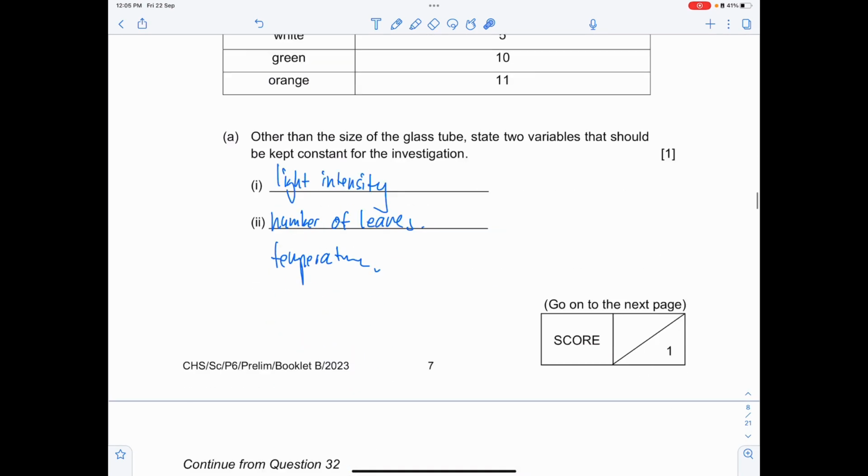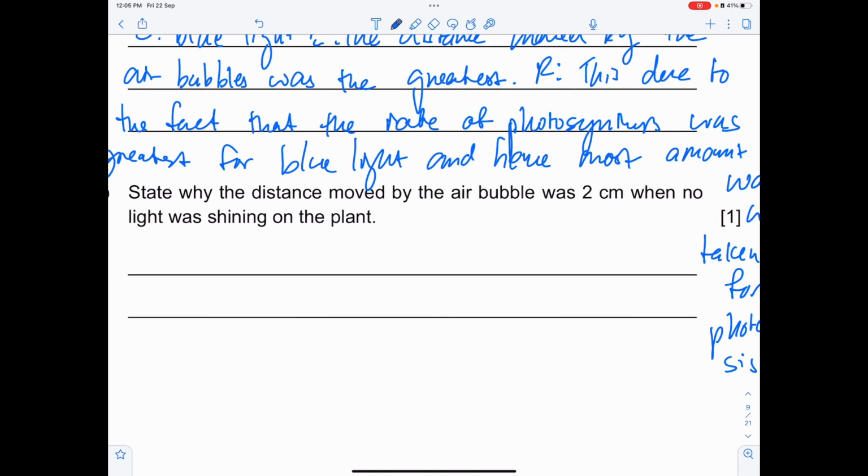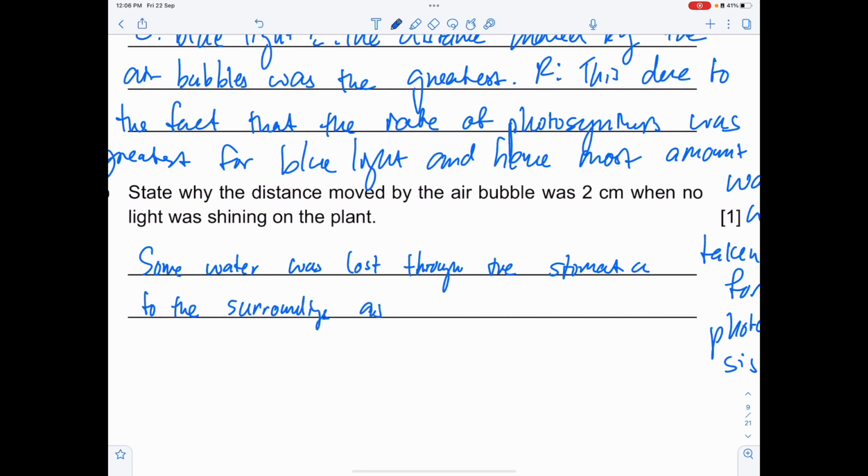So you will just have to say that, okay, water vapor is lost through the tiny openings. Okay, so some water was lost through the stomata to the surroundings as water vapor. Okay.